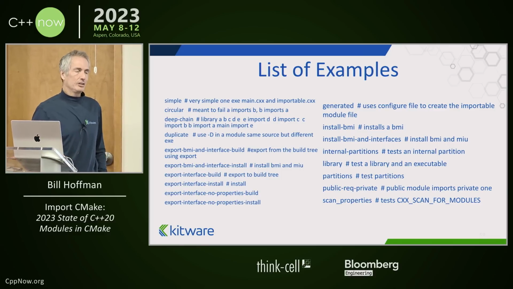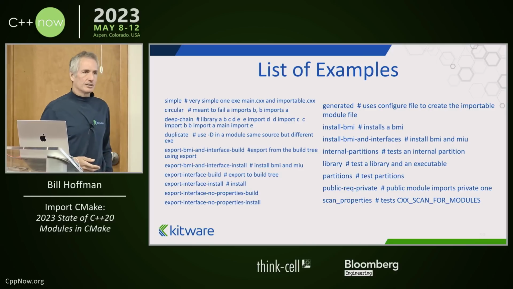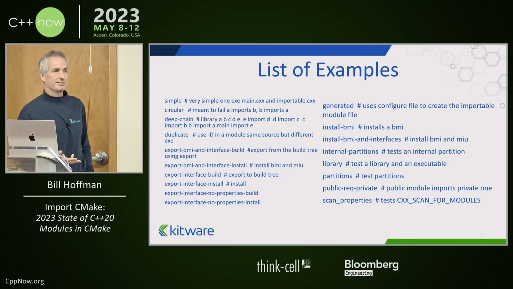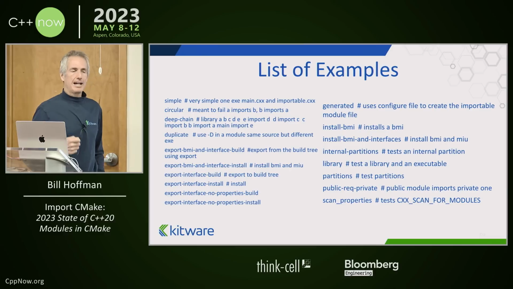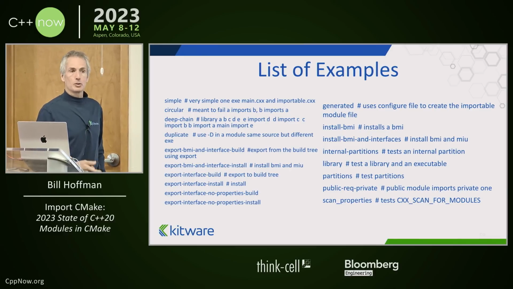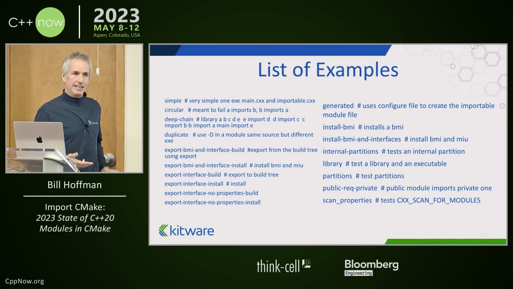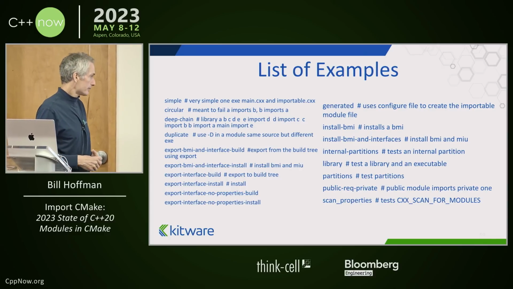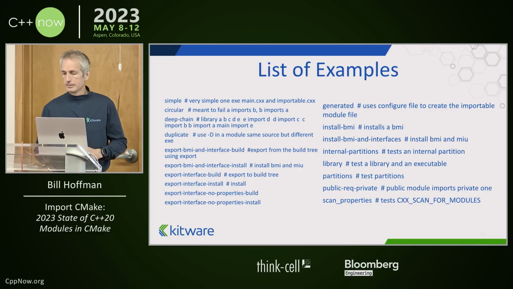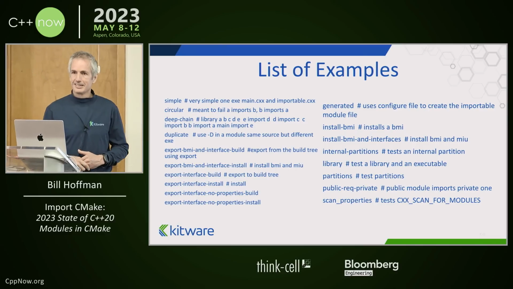So not only do you have to export for install the BMI file, you also have to usually bring along the source for that so that if needed, you could regenerate the BMI file. I expect it's going to be very common that the BMI is not going to be useful. So you're definitely going to want that.